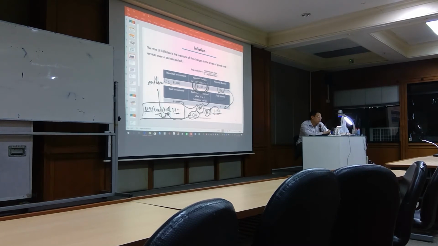But if you assume that the rate of return is continuous, then R will be different from that number. So it depends on how you assume the percentage.